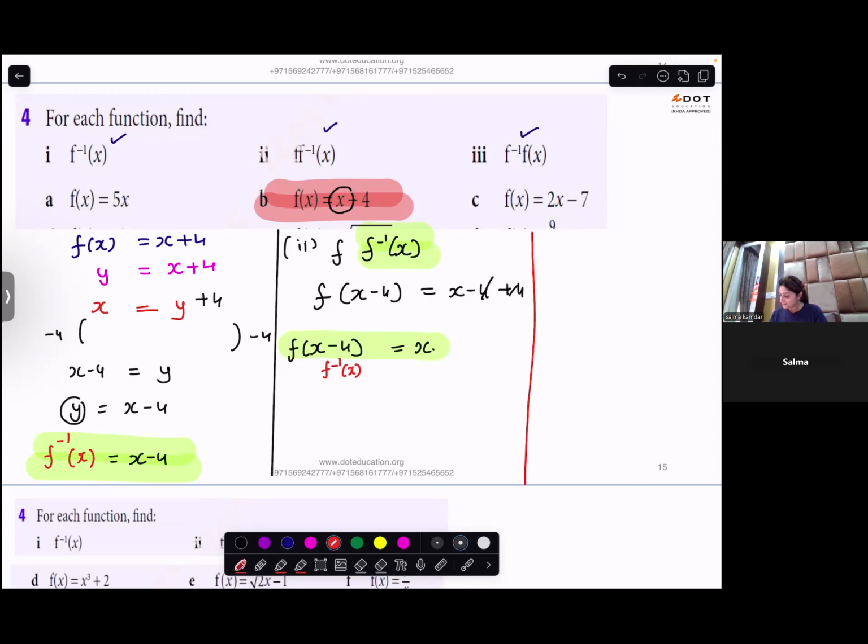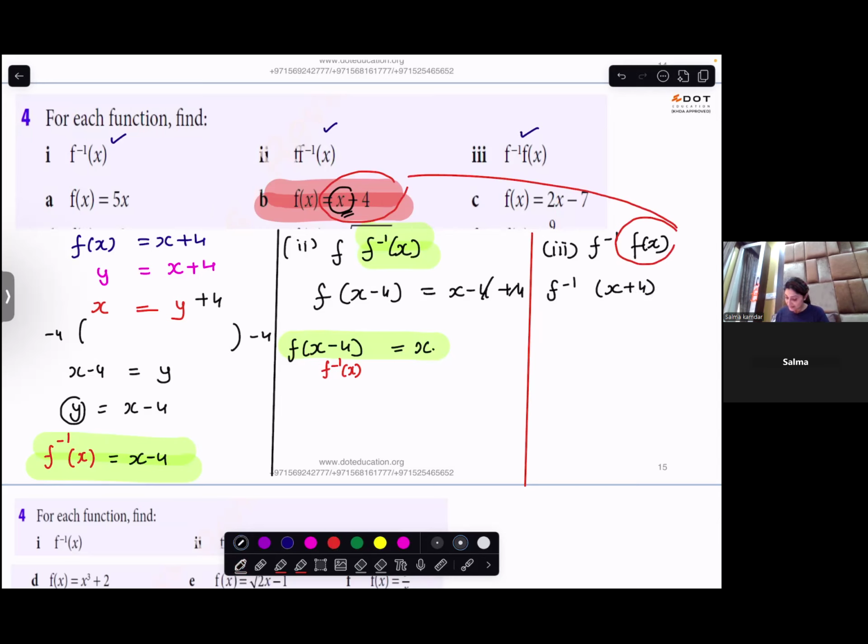Now let's do the third part. The third part is to find f inverse of f of x. Okay, I need to find f inverse of f of x. f of x is x plus 4. So in place of f of x, I'm going to put x plus 4. Now I know my f inverse x is equal to x minus 4.